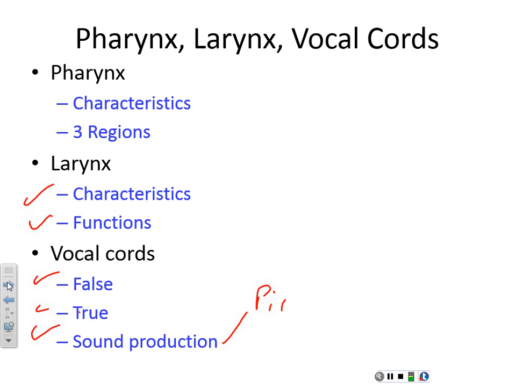Okay. Sound production, I want you to know about the pitch. How do you create the pitch? Which is the frequency. All right, and that's the tension that's created by the arytenoid cartilage, right? And then loudness. How do you create loudness? Increased air.